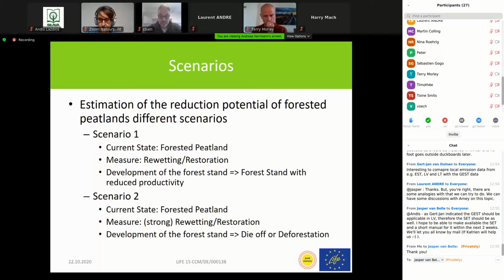If we rewet maybe a forest stand, maybe with reduced productivity, and we have another scenario with forested peatland with stronger rewetting, there maybe the forest stand dies off, or we have deforestation. Yeah, and nobody can say, and this is a big problem also with our partners, what will happen in the next 100 years. So nobody knows.